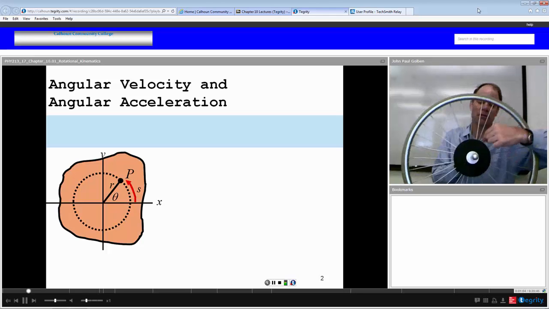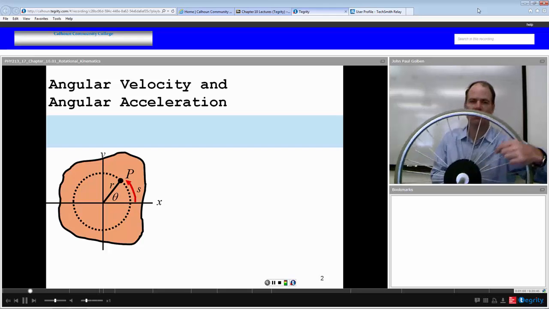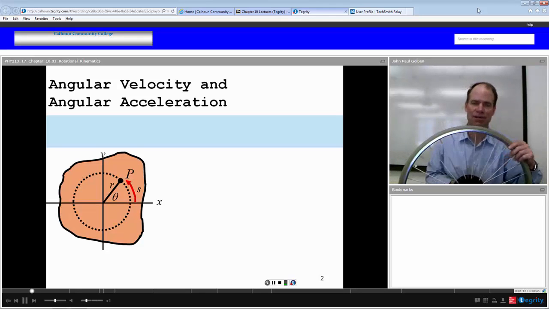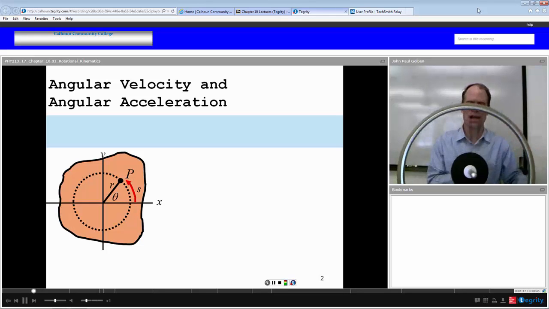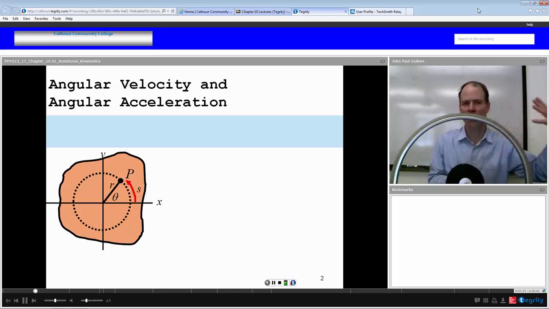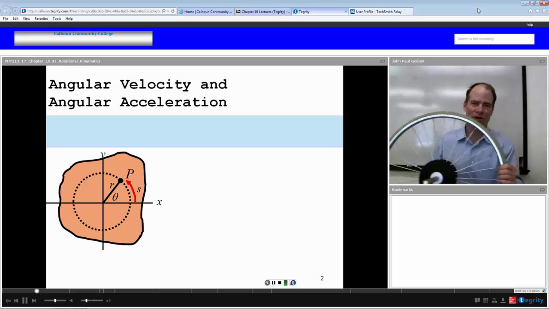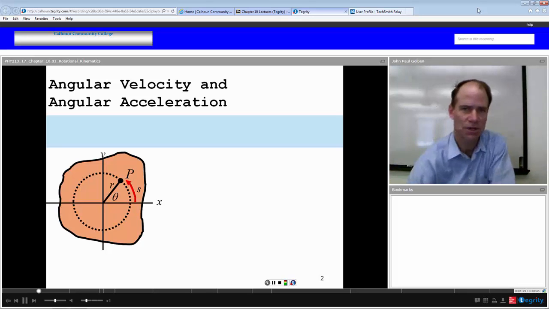But then if I have a point to the interior, it's going around a smaller circle in the same amount of time. So these 2 points are traveling different displacements in the same amount of time. So how can I possibly describe the motion of this full wheel when different parts of it are moving at different linear speeds? That's a great question. And to deal with that, we're going to have to make some new variable definitions.